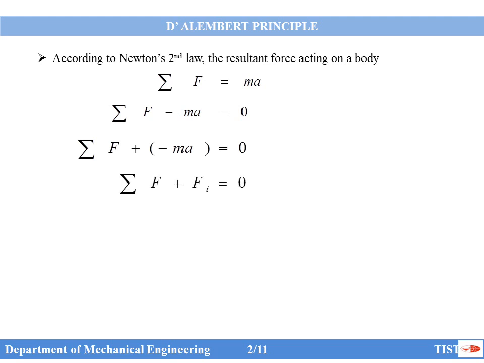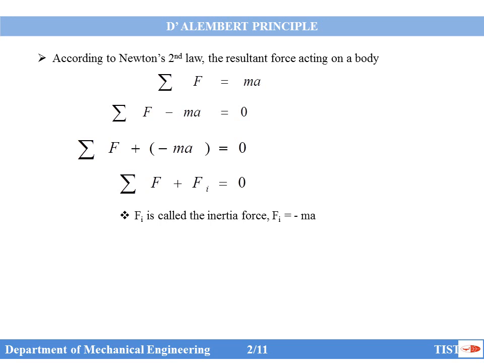If you put that minus ma as another fictitious force, which is called inertia force, then the equation of motion becomes sigma F plus Fi equal to 0, where Fi is the inertia force, Fi is minus ma. Remember to put the negative sign.